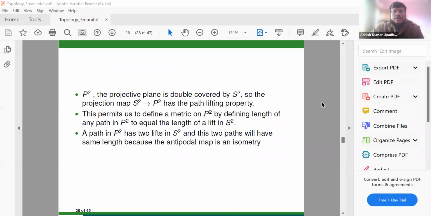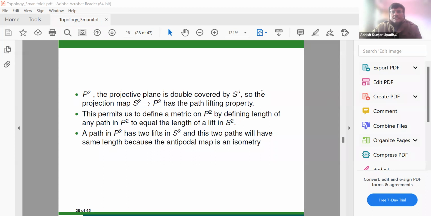Now look at the projective plane RP2. We are familiar that the projective plane is double covered by S2 through the antipodal map; actually antipodal points you can identify in S2, and thus S2 becomes a double cover of RP2.